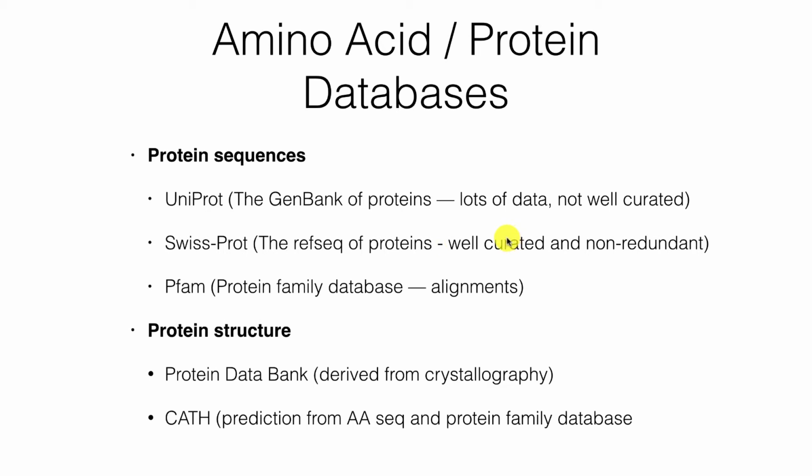Very well curated, non-redundant. And then you've also got some other resources like Pfam, where you can look at alignments and relationships between different protein families. If you're interested in protein structure, there's a database for where protein structures have been experimentally derived via crystallography. And then also there are a number of places if you want to just predict protein structure given the sequence.